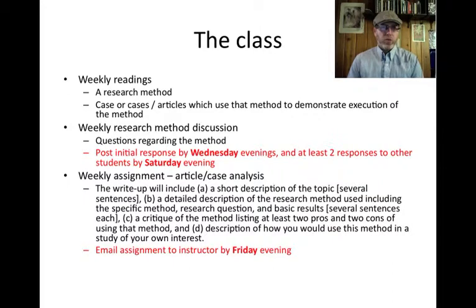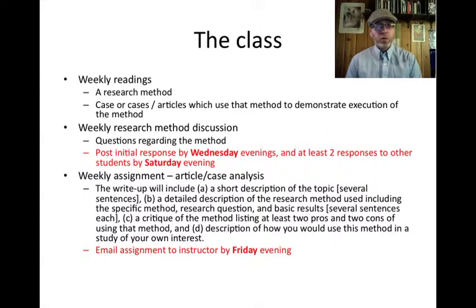The assignment is that you will do a write-up on the article or case reading. That article case analysis will include a short description of the topic, just a few sentences, a detailed description of the research method used, including the specific method, research question, and basic results, and then a critique of the method listing at least 2 pros and 2 cons of that particular method that you might be able to think of.